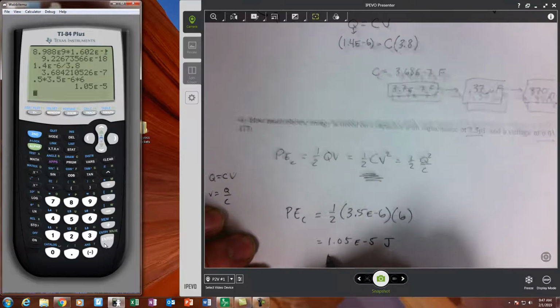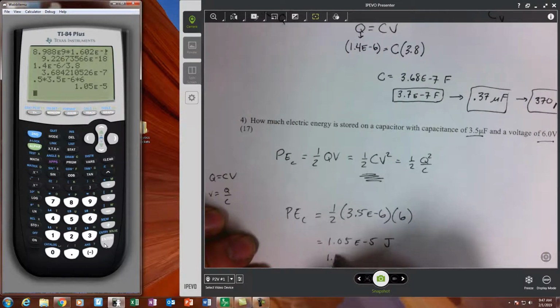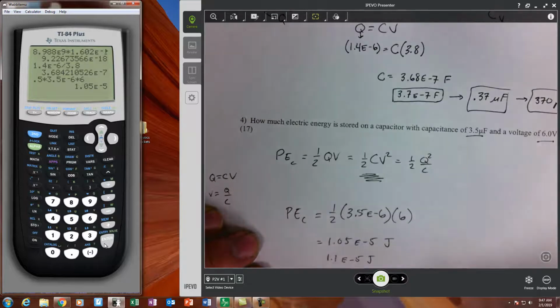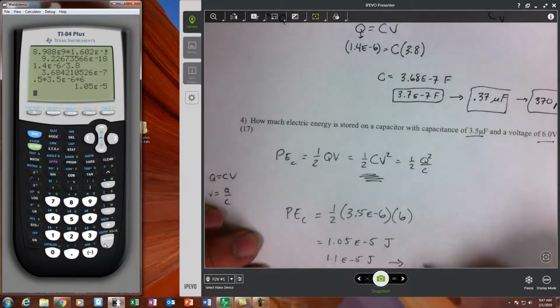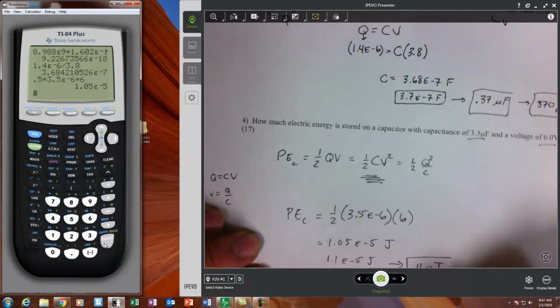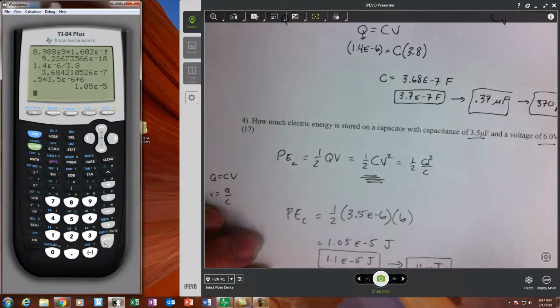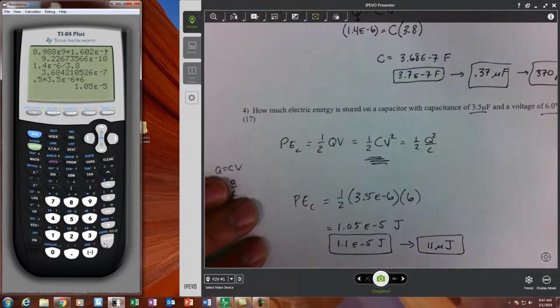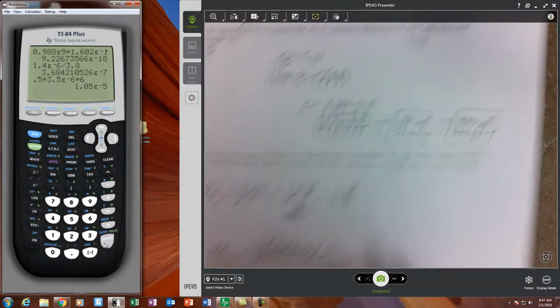To round this to 2 sig figs, it's 1.1 E negative 5 joules. If I wanted to make it E negative 6, so I can make it micro, I'd have to go to 11 microjoules. So it's up to you how you want to answer that. I prefer using the prefixes when I can, but, to each their own.